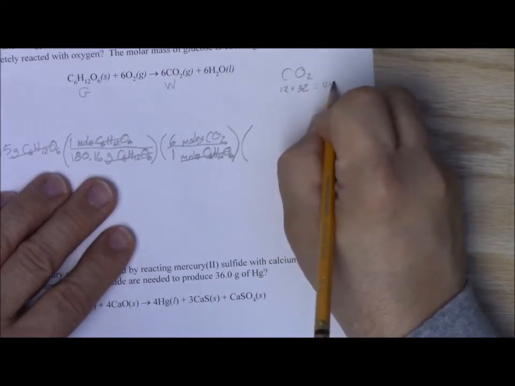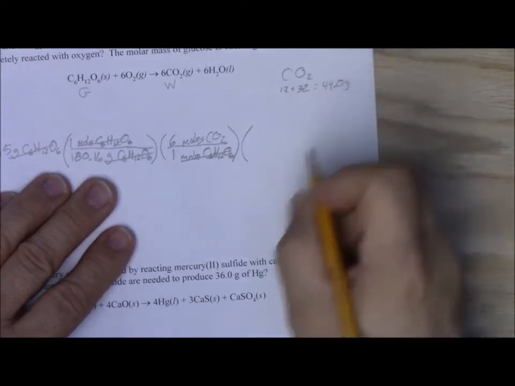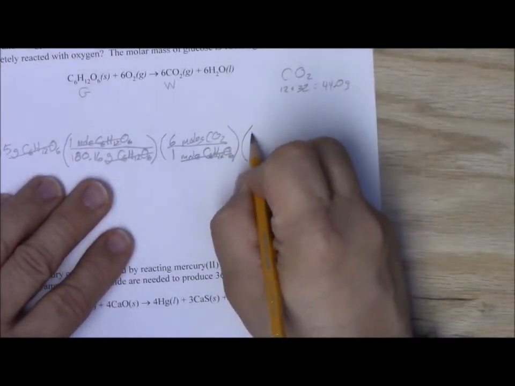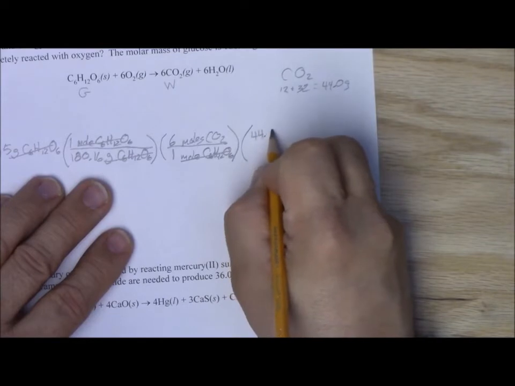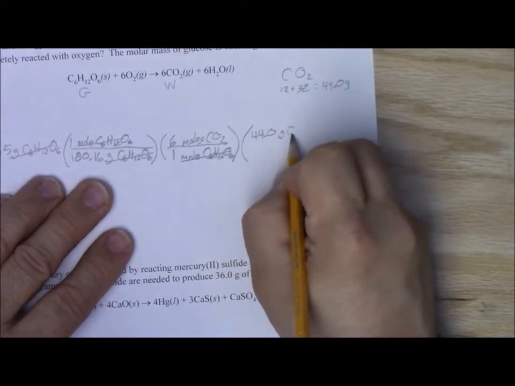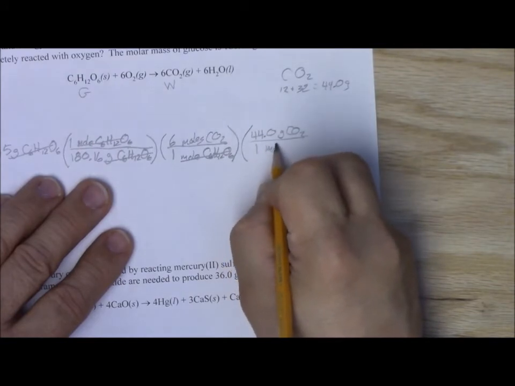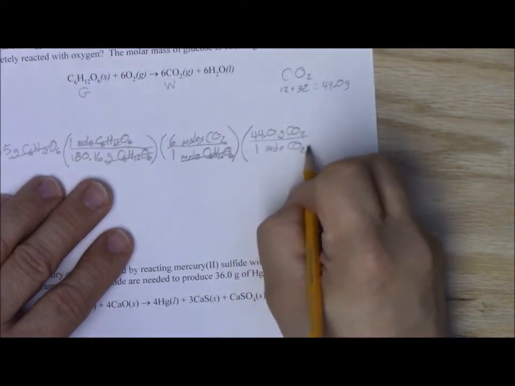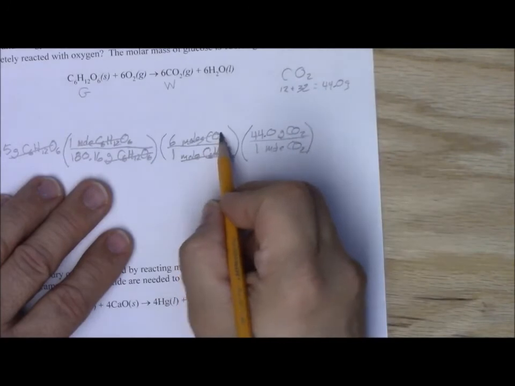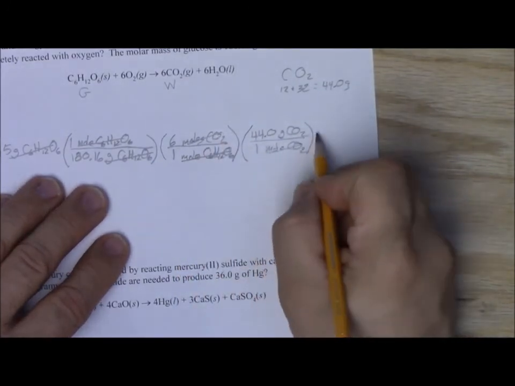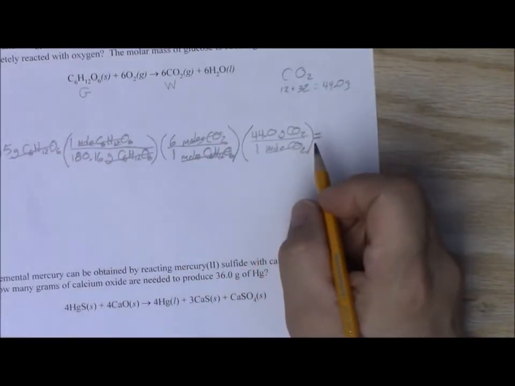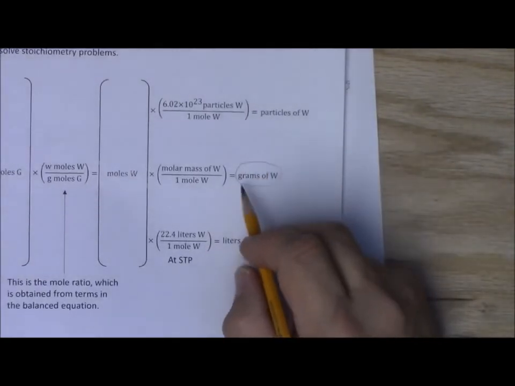That's 44.0 grams. So the molar mass of CO2, 44.0 grams of CO2 per 1 mole of CO2. Now moles of CO2 can cancel. And we're finally ready for our answer.